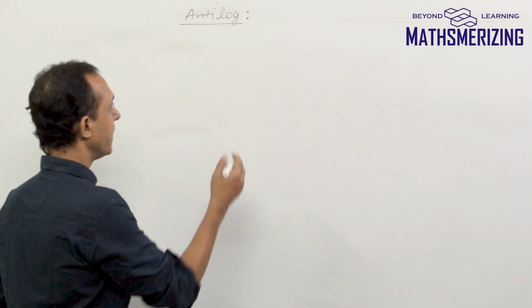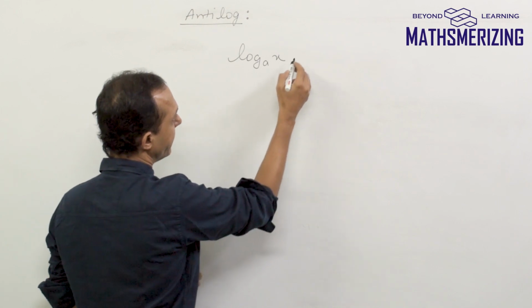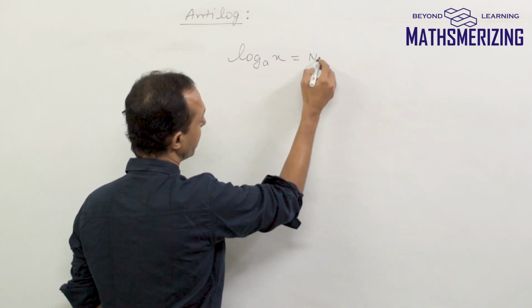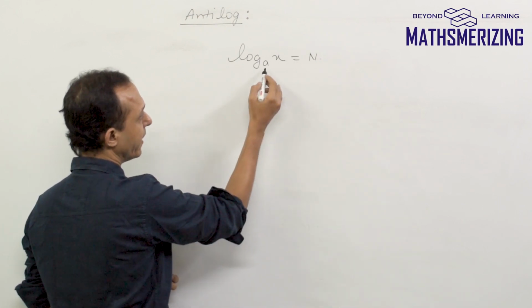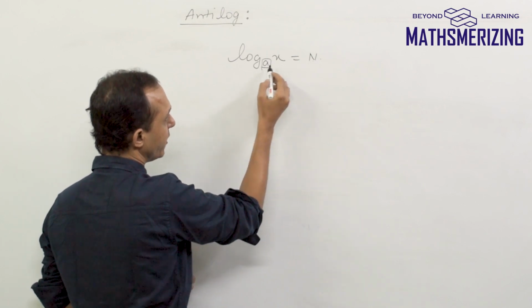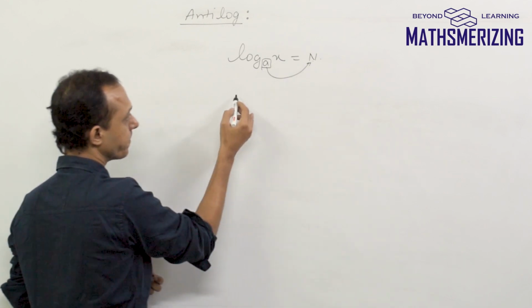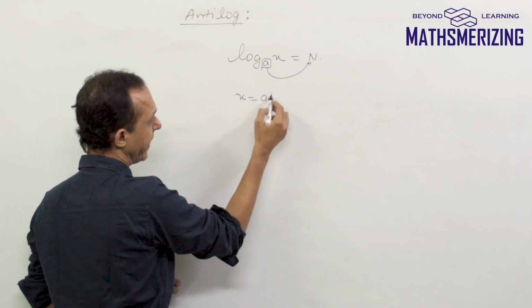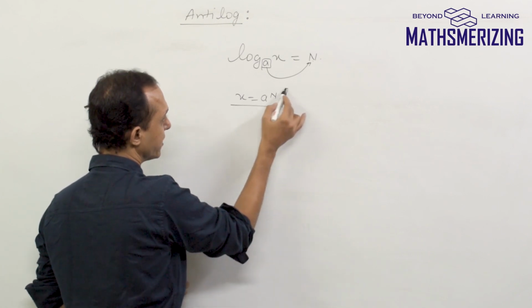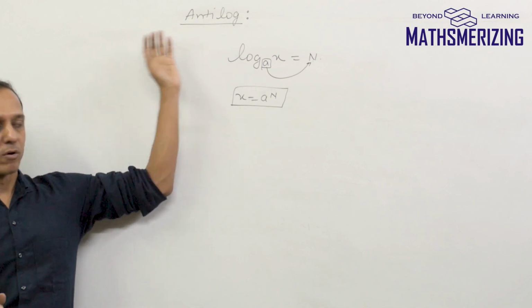Say I'm given log x to the base a equal to some number n. By definition, n is the exponent of a that gives x. So I can simply write x is equal to a to the power n. This operation is called the inverse operation of log, and we also call it anti-log.